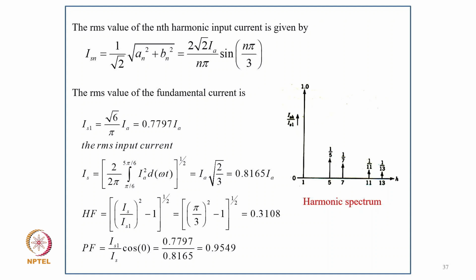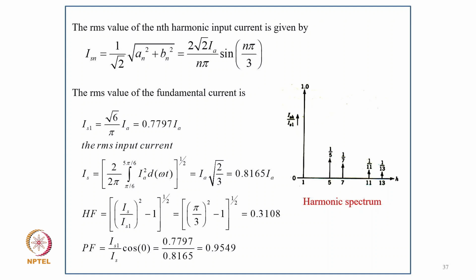The RMS value of fundamental current Is1 = (√6/π) Ia, that is 0.7797 Ia, and the RMS input current is Is = ((2/2π) ∫ from −π/3 to π/3 of Ia² dωt)^(1/2), that is equal to Ia √(2/3), equal to 0.8165 Ia.